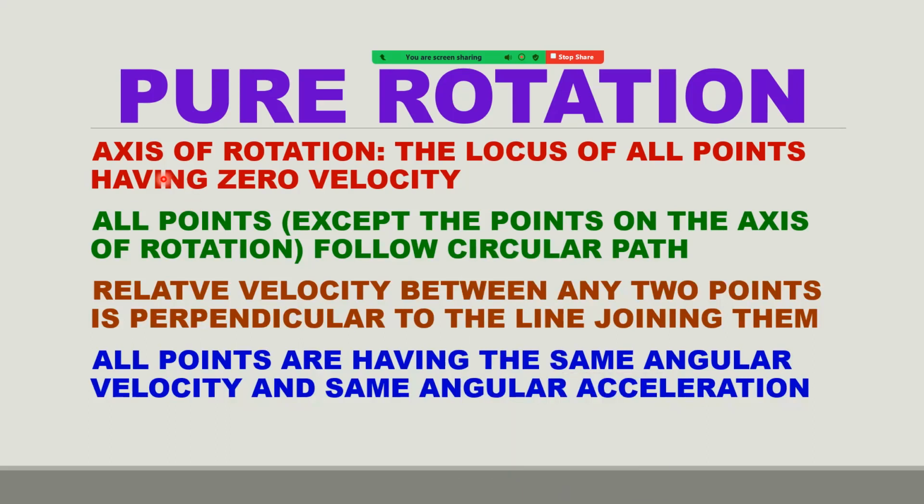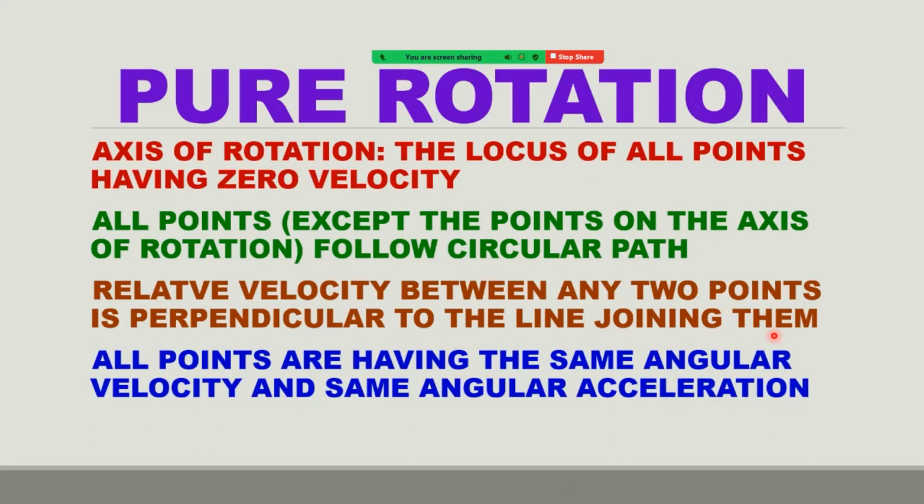Let us now see key points regarding this. First of all, the axis of rotation is the locus of all points having zero velocity. Next, all points except the points on the axis of rotation follow a circular path. Relative velocity between any two points is perpendicular to the line joining them because it is a rigid body.